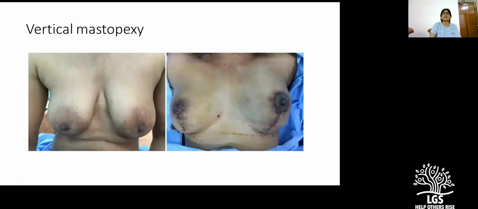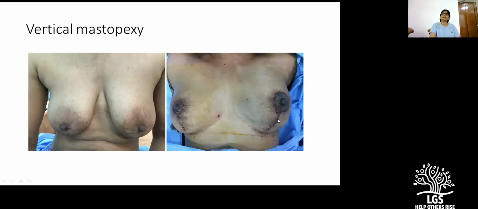And so she had a very C-cup breast, very ptotic, grade 3 ptosis. If you see, the nipple areola is stretched and wide, and there was a considerable degree of ptosis. With the tumor being in the 6 o'clock position, she was an ideal candidate for a vertical reduction.